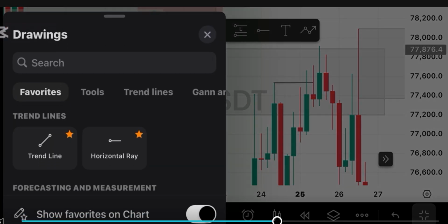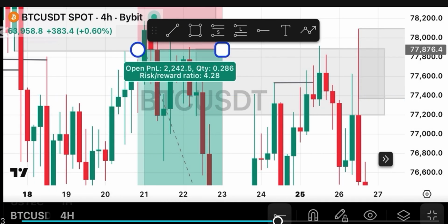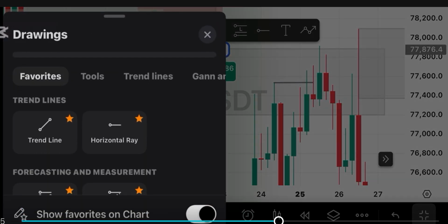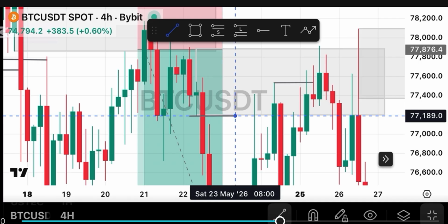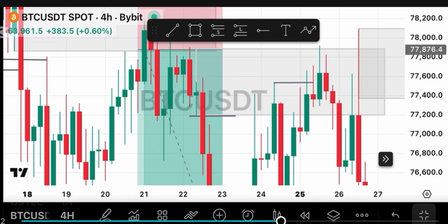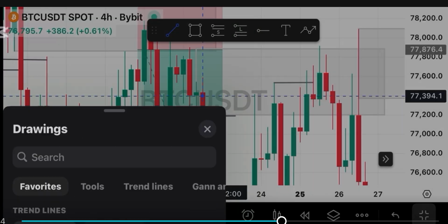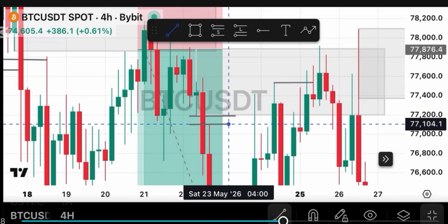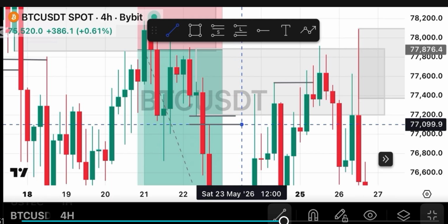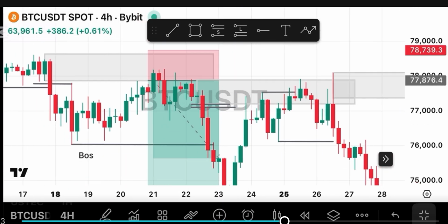Okay, so the imbalance here is the space between this candle, right, and this next candle here. So this is the imbalance. Some people call it fair value gap. So it needs to be filled.